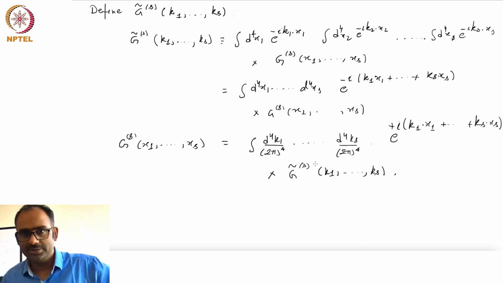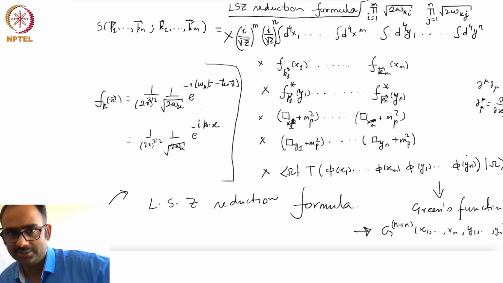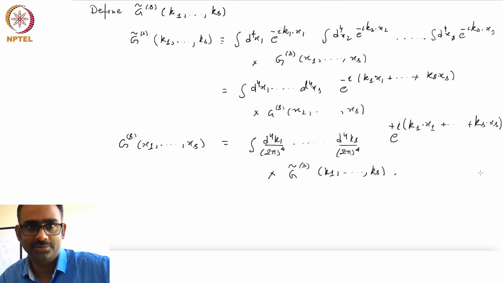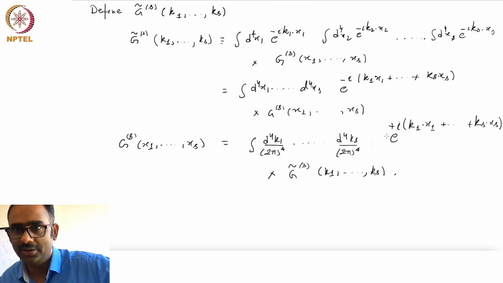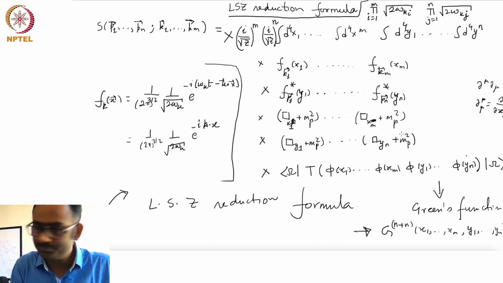Okay. So, you see now, if I go back and substitute in this expression, where G tilde_s is the Fourier transform of G_s, then the x dependence is simple, it is of the exponential form. So, that is what I want to do.